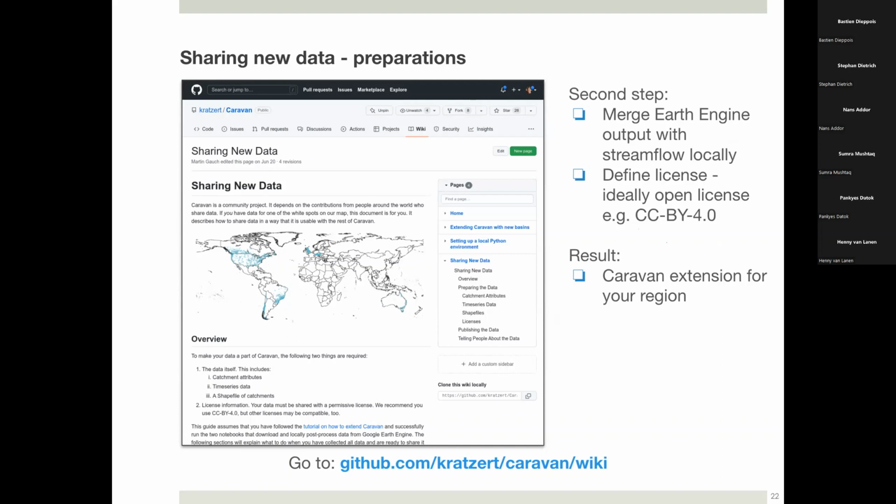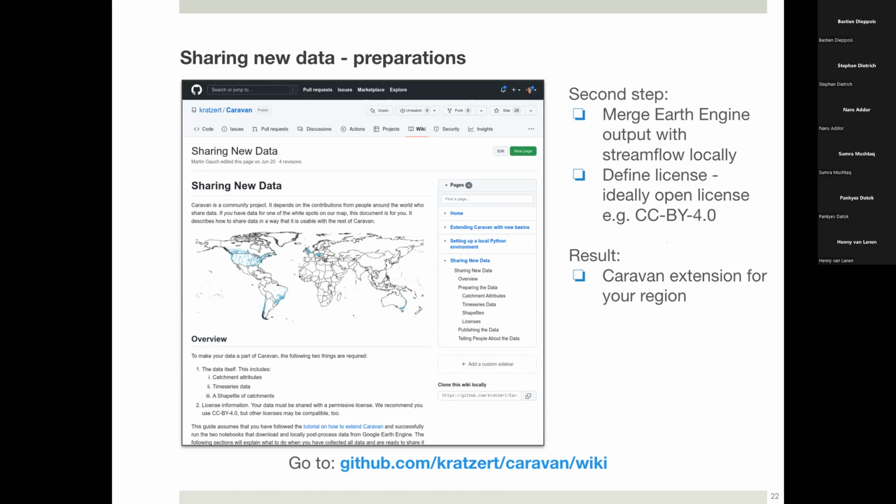And this is where the license is defined. Obviously, this is something that you have to agree on beforehand with the owner of the data. Often it's a public entity. What we hope is that people will select licenses that are open, that will let others use the data. But if you decided, for instance, that you didn't want the data to be used for commercial purposes, it's obviously an option.